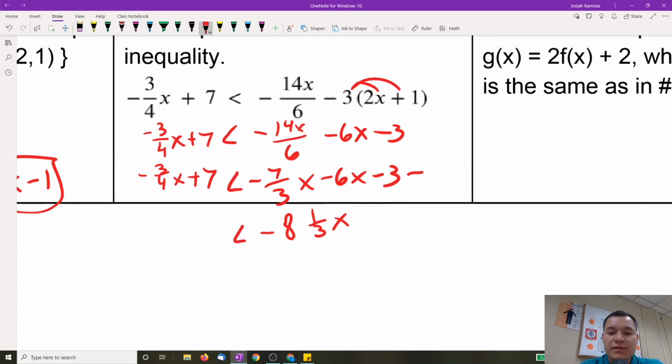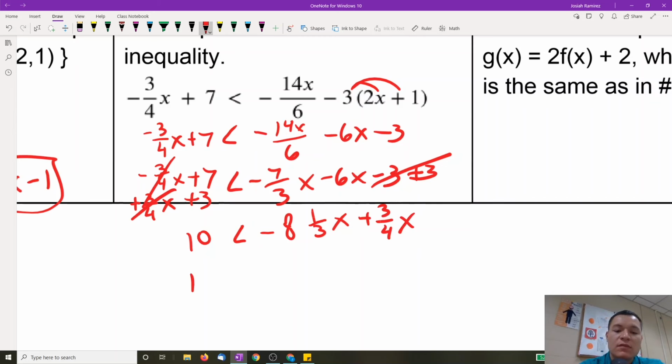Let's add this 3 to the other side to make it 10. And I'm going to add the 3/4 x. Ten is less than negative 8 1/3 plus 3/4.